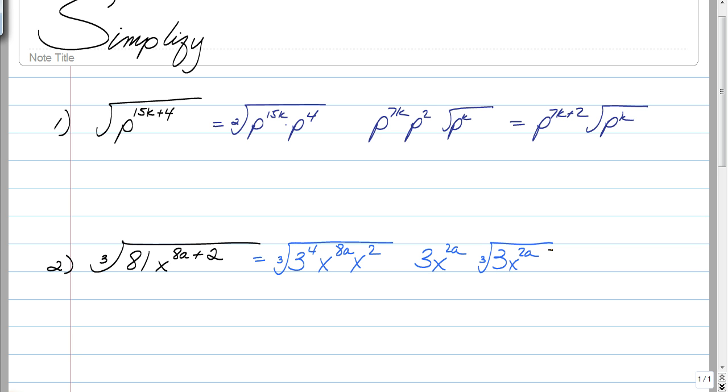And 3 does not go into 2 at all, so I do not get to pull out another x, but I do get to leave the x squared on the inside. So, to simplify one last time, this is 3x to the 2a cube root of 3x to the 2a plus 2. And that's it for that one.